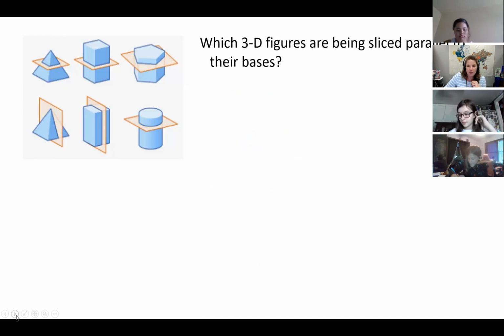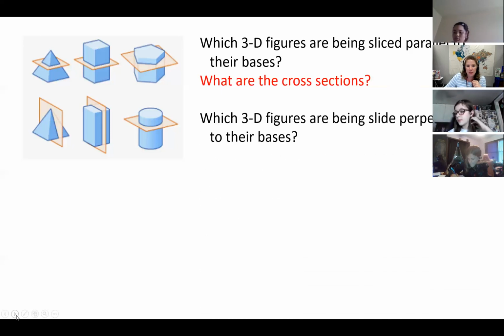What are the cross sections? Which 3D figures are being sliced perpendicular to their bases? How many of these figures are being sliced perpendicular to their bases?